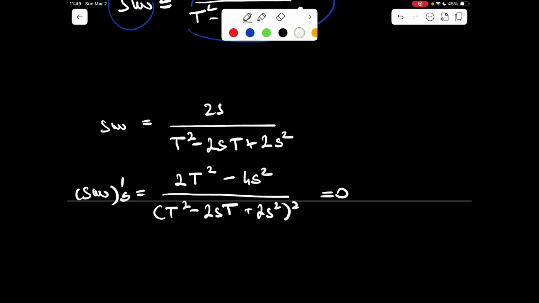So we differentiate the expression on the right with respect to S, and we express S as a function of T.